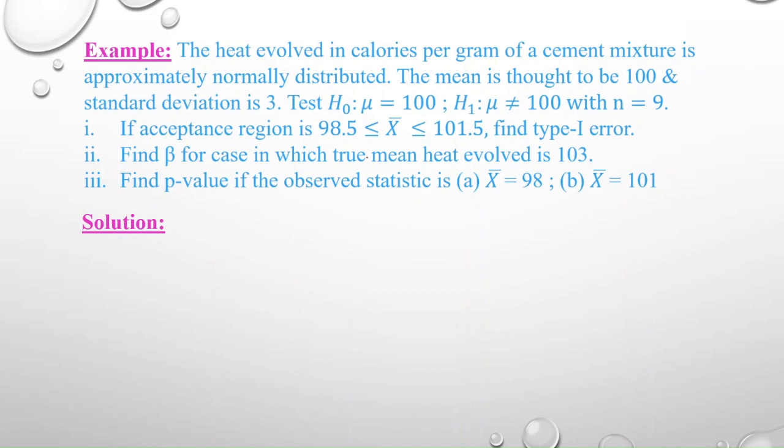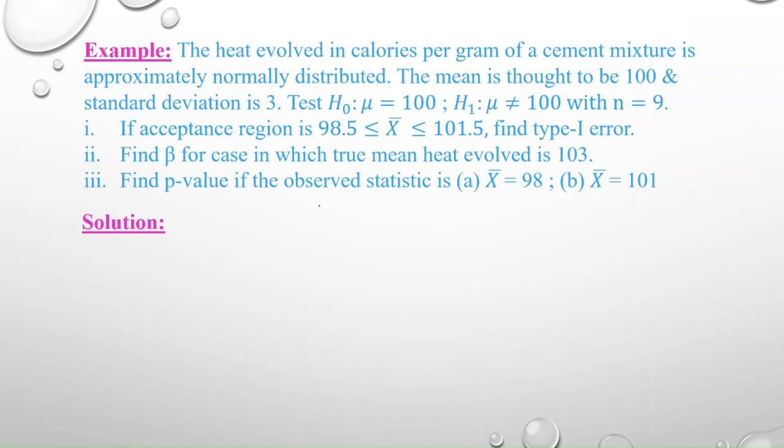If the acceptance region is 98.5 less than or equal to X bar less than or equal to 101.5, find the type 1 error. Find beta for the case in which the true mean heat evolved is 103, and find the p-value if the observed statistic is given. Two parts. So let us start this question.